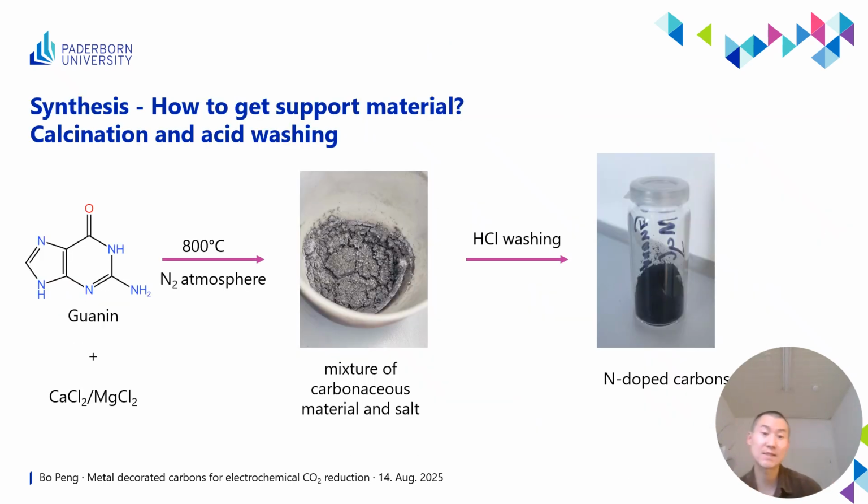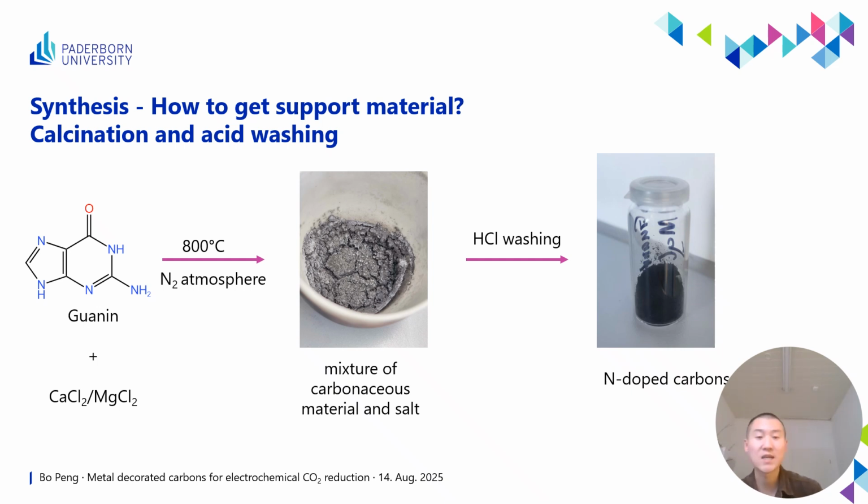So let's go. Synthesis. How do we get the supporting material, also called carbon material? We need an organic precursor. Here we use guanine, and we need to mix it with some salt.